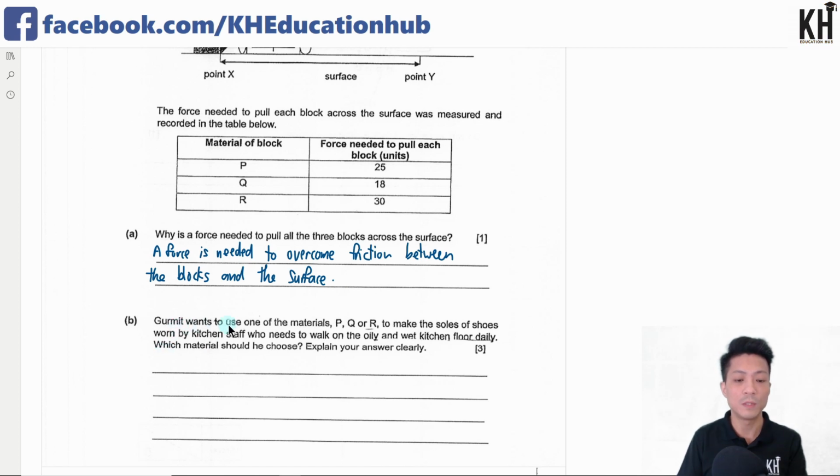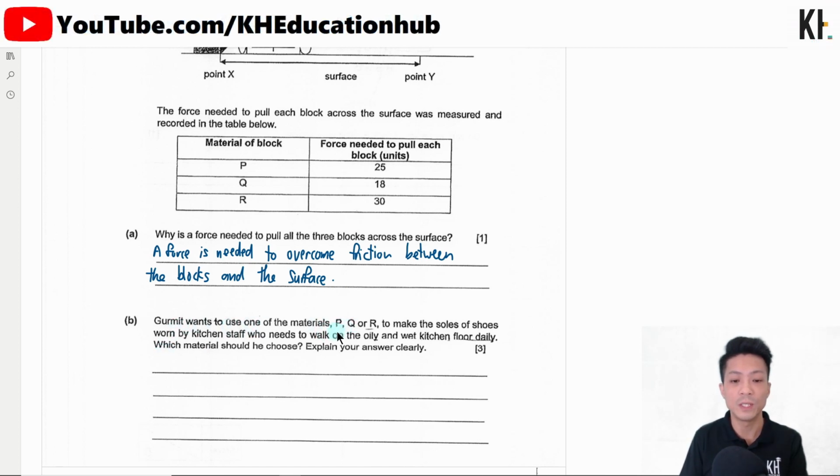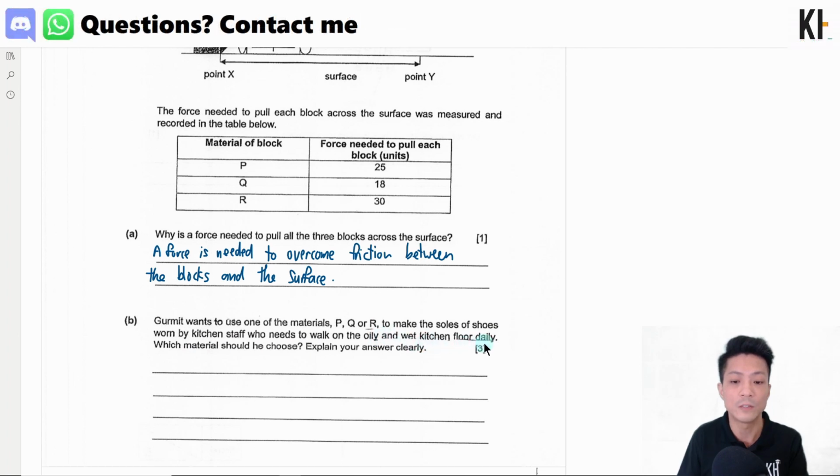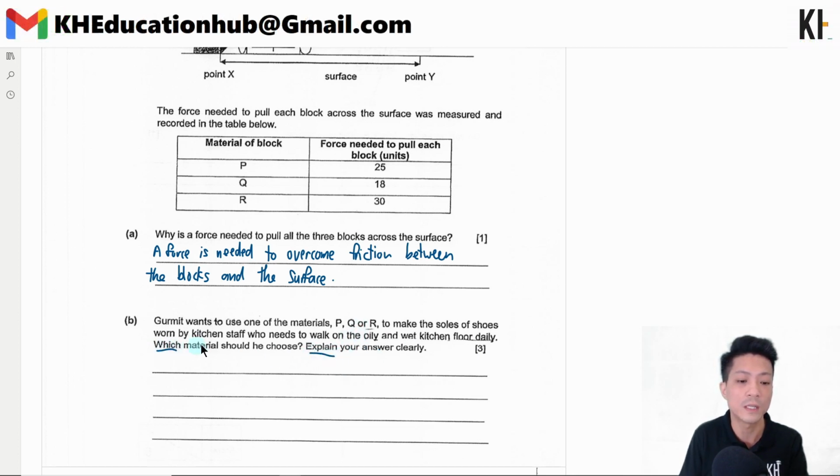Okay, part B, Gurmit wants to use one of the materials P, Q, or R to make the soles of shoes worn by kitchen staff who need to work on the oily and wet kitchen floor daily. Which material should he choose? And explain your answer clearly.